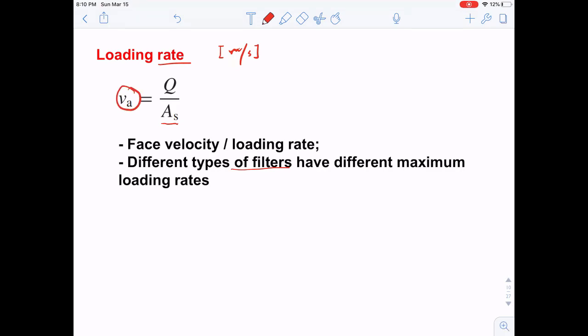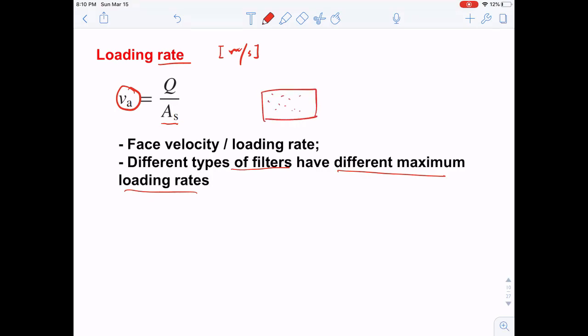Okay, so one thing we need to make sure is that the loading rate is always below the maximum loading rate. For each type of filter, there's a maximum loading rate, or a maximum velocity of water that can flow through the filter.